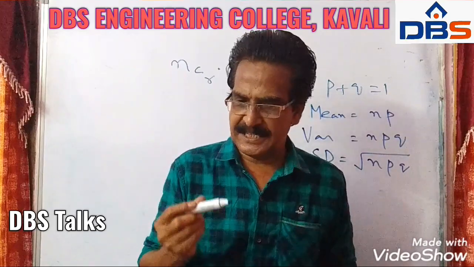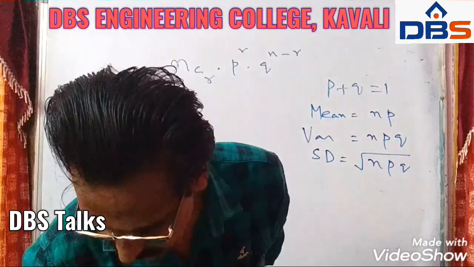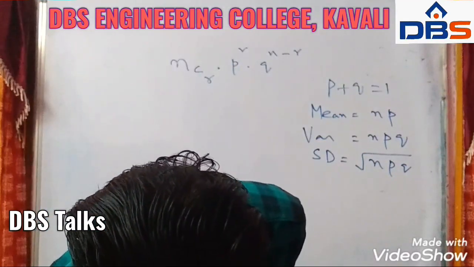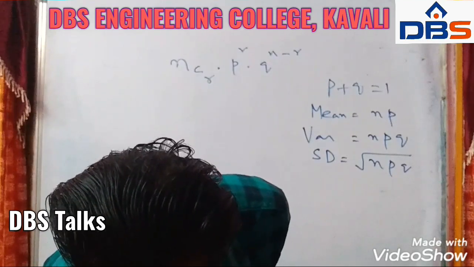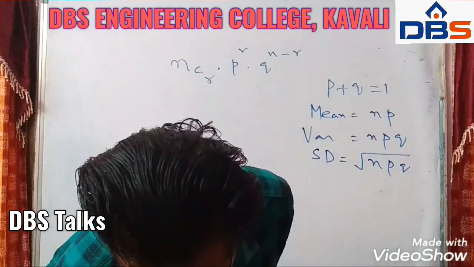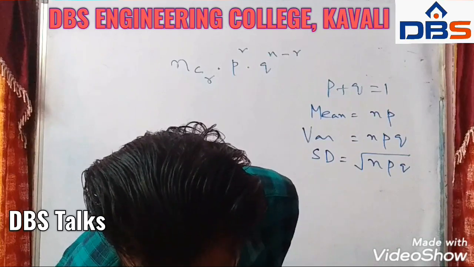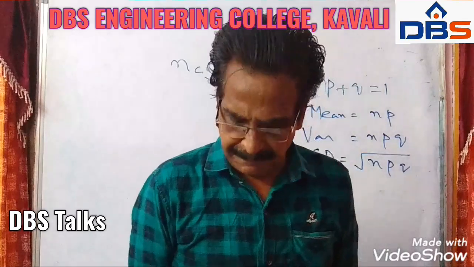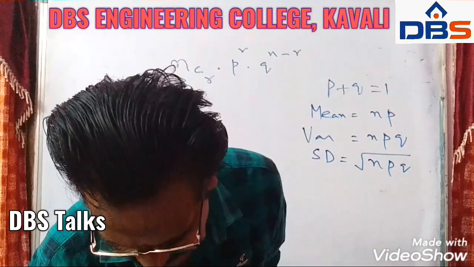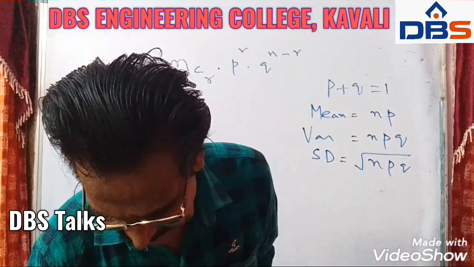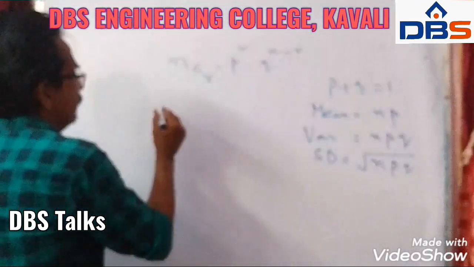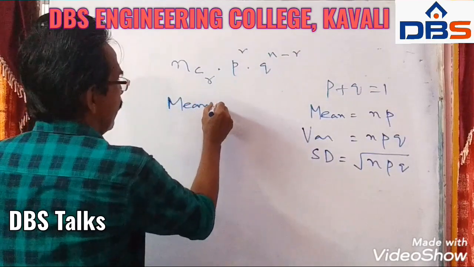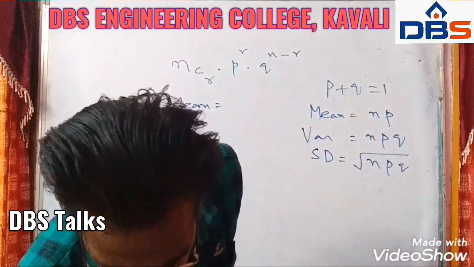Okay, friends. First, let us take up the first problem. Our first problem is, friends, the mean and standard deviation of a binomial variate x are 4 and root 3 respectively. Here mean is given and standard deviation is given.